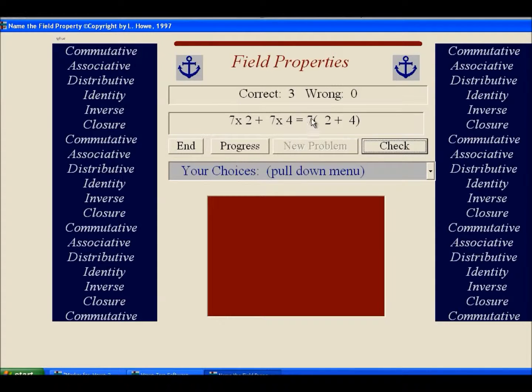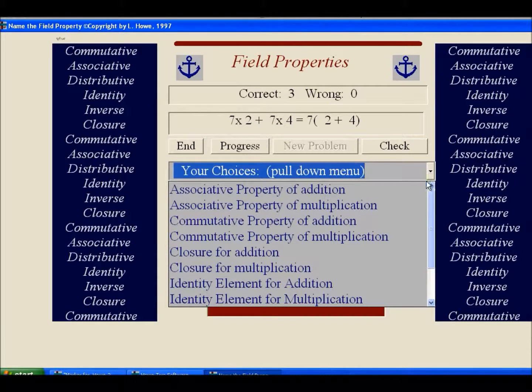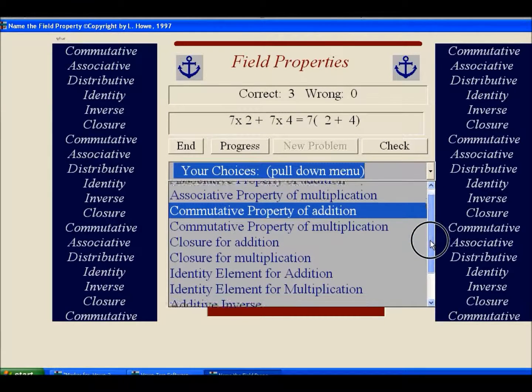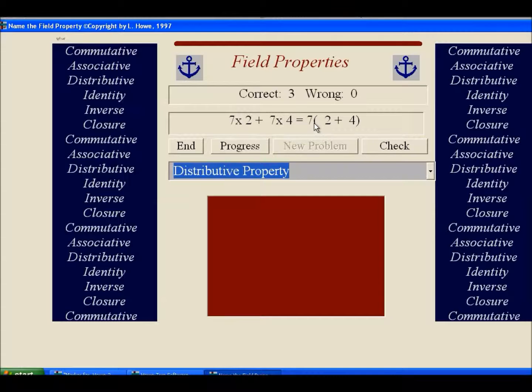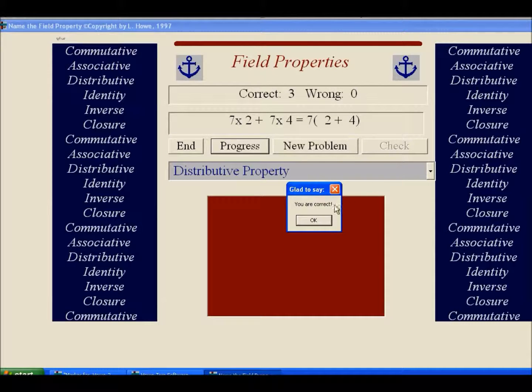It's like this 7 is standing in front of this house and says, I'd like to come and give everybody a prize. 7 times 2, 7 times 4. This is the distributive property of multiplication over addition. There's not two properties of this. There's this: multiplication distributes over addition. Check, we win.